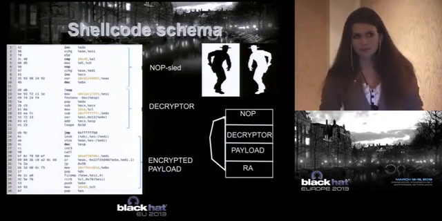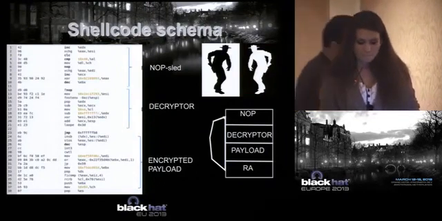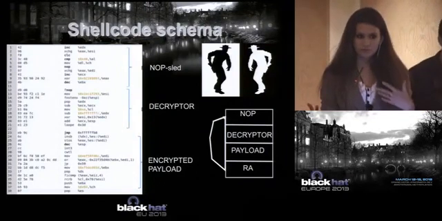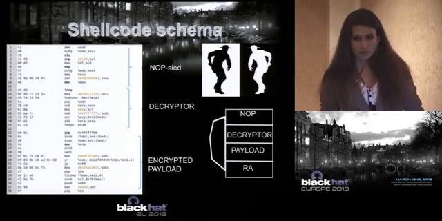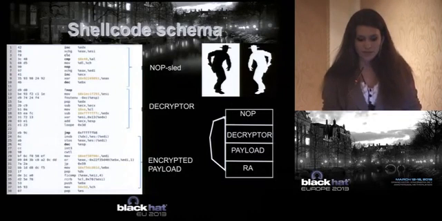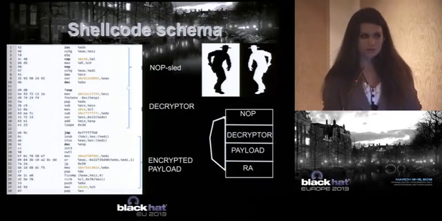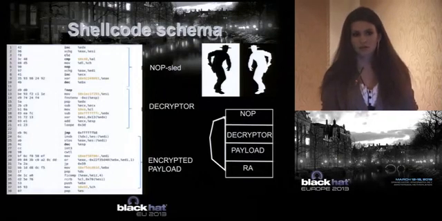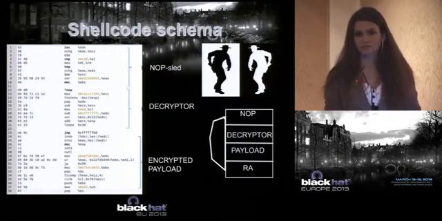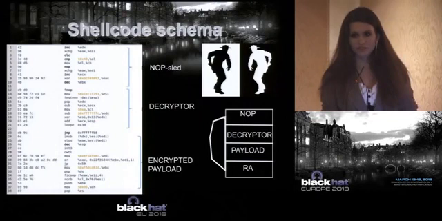As an attacker may not be aware of some environment of the vulnerable machine, shellcodes usually have some kind of activator. It could be a NOP sled, it could be some kind of GetPC code. A NOP sled, as was mentioned before by my co-speaker, is a set of instructions which typically do nothing but increase the program counter.